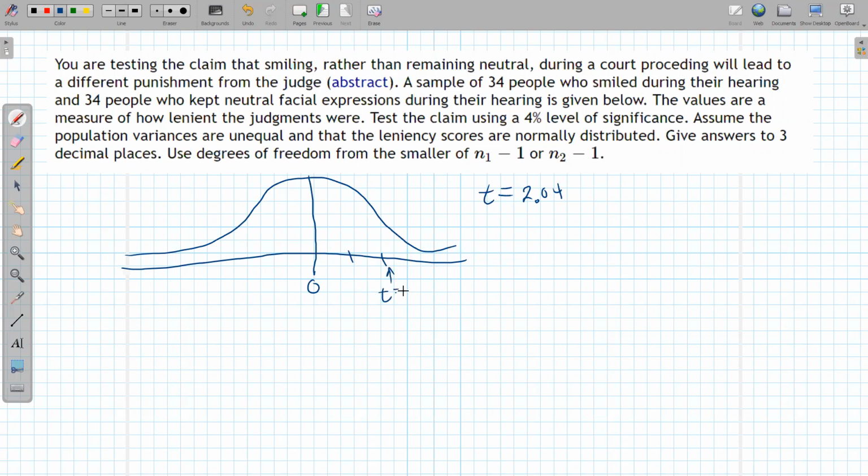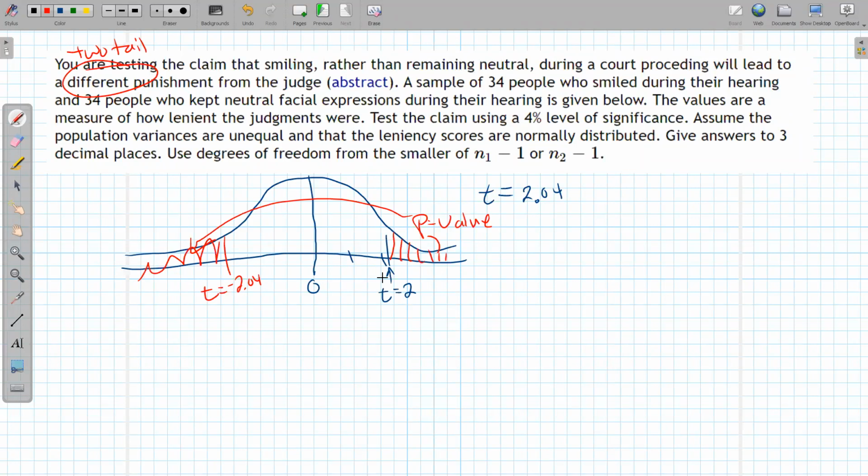So t equals 2-ish is about there. And so my p-value is out here in this tail right here. That's the p-value, or part of it. This is a two-tail test, so I have to reflect that over to the other side. And the combination of these is my p-value.